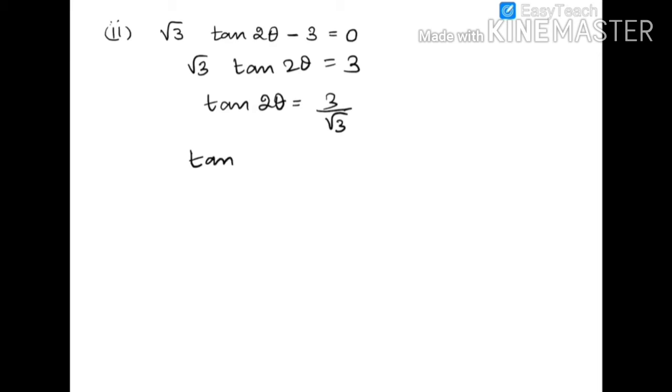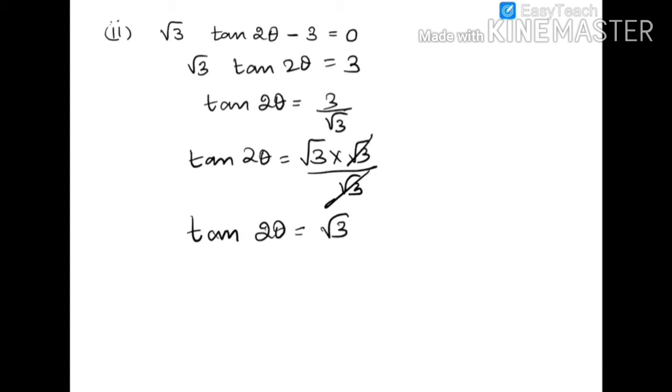We can simplify the right hand side of this equation by writing 3 as product of root 3 into root 3. So we have tan 2 theta equal to root 3.